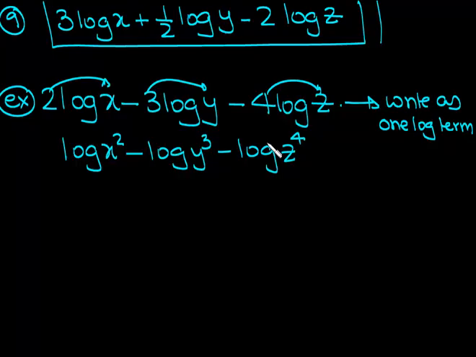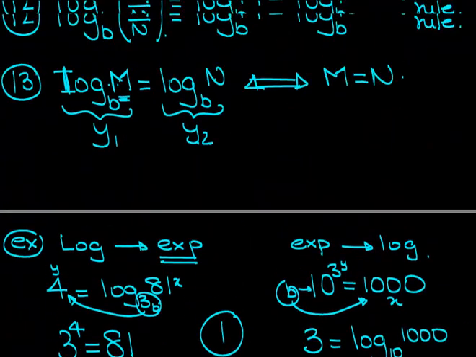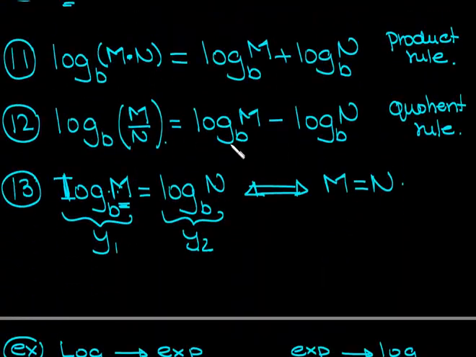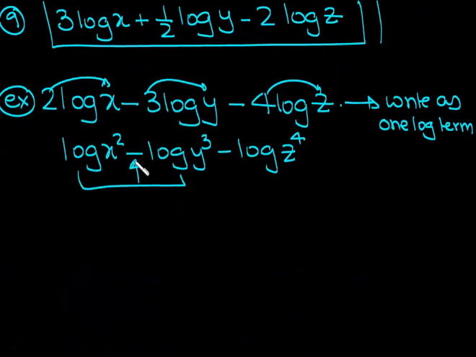Then we're going to go from left to right and combine 2 log terms at a time. Because I have a minus here, that tells me that if you take log of something minus log of something else, then you can write that as a quotient. You can take the log of the first divided by the second. So that's what we're going to do since there's a minus in the middle.